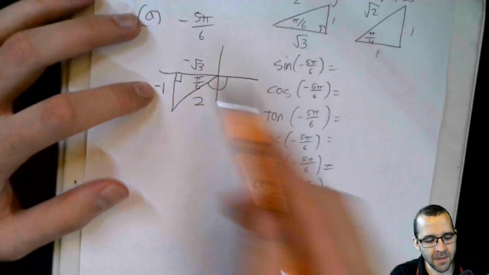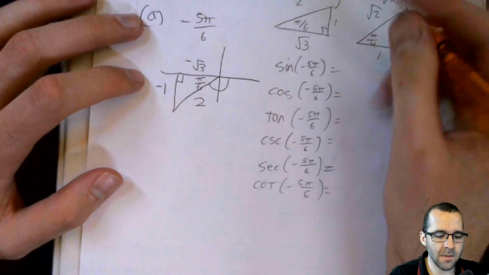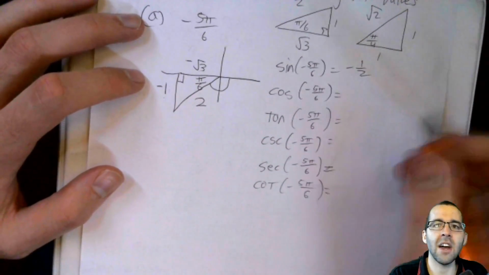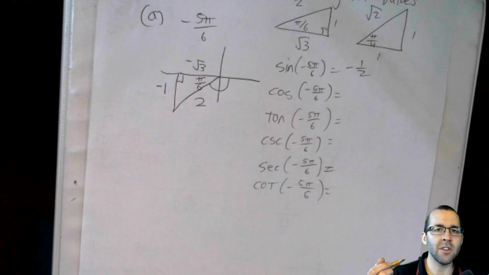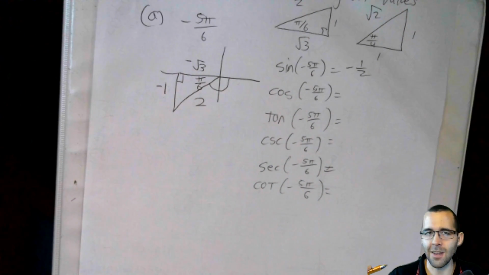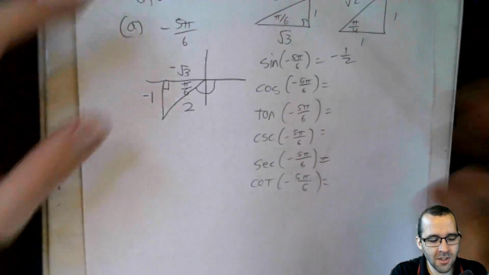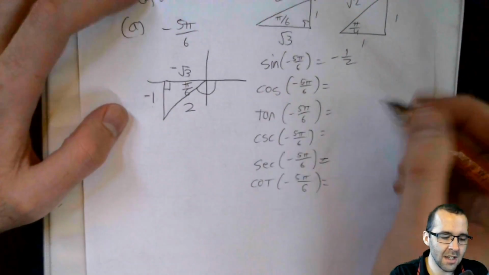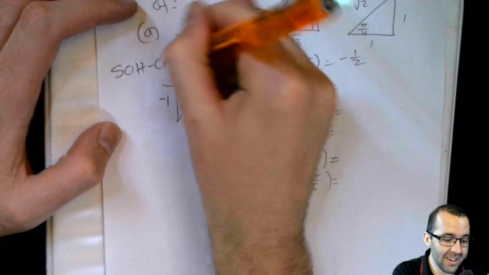Okay. Anyway, sine, opposite over hypotenuse. Negative 1 divided by 2. We have negative 1/2 for sine. And we just go through this. You've been doing SOHCAHTOA for a long time now. Like 3 weeks, at least. That's if you haven't seen it before. So you're probably good with SOHCAHTOA. Again, if you're not, here we go.